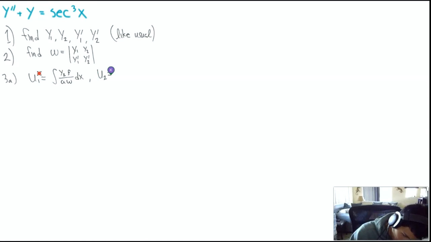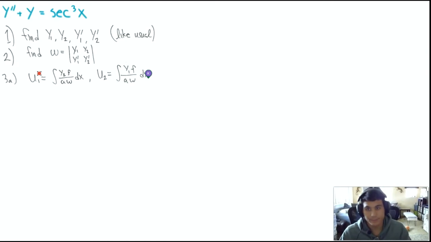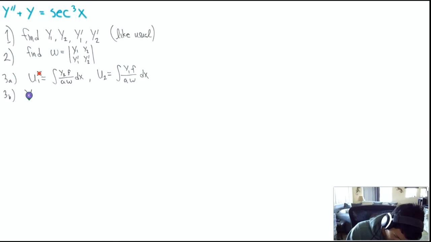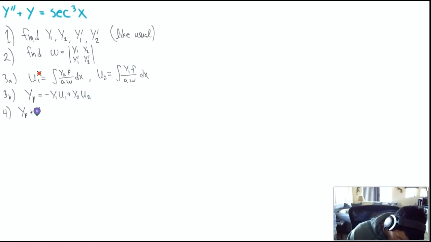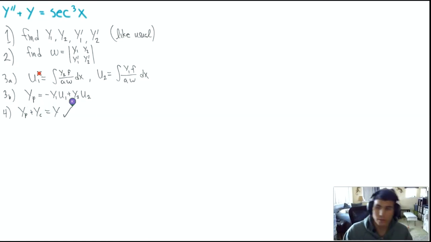It is just kind of the opposite, where it's y1 f over a w dx. Okay. Now 3b is where you do yp is equal to y1 u1 plus y2 u2. And then here's the final answer, you just go yp plus yc is equal to y. And you're done. So that's the steps we're going to follow.